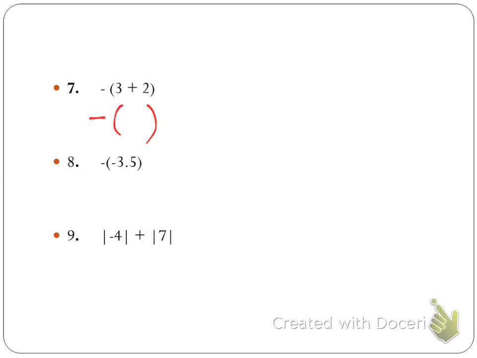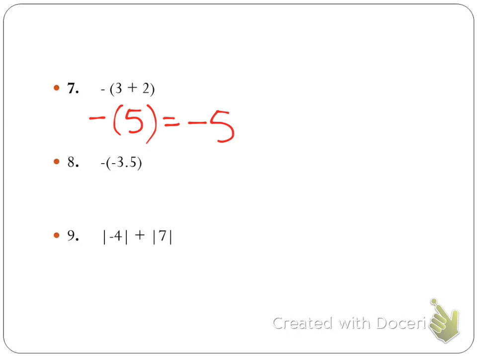Maybe someone I haven't heard from today. Jariel. 5, wonderful. And then we take the opposite of that, and we get negative 5.